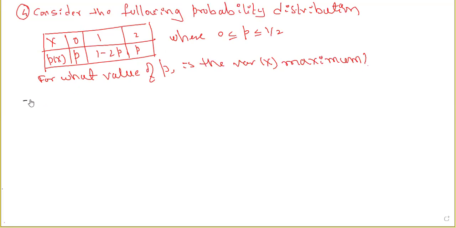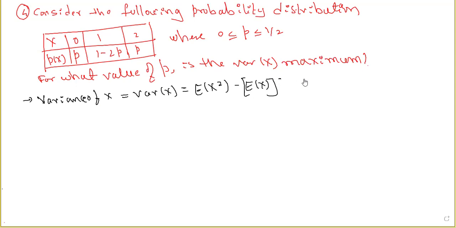So here we know variance of x, which is equal to expected value of x square minus expected value of x whole square, right? So this involves p, the variance of x in terms of p. So first we need to find expected value of x. We know the formula, summation x into p of x.